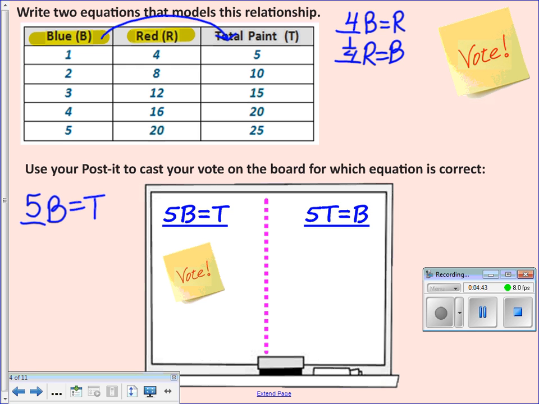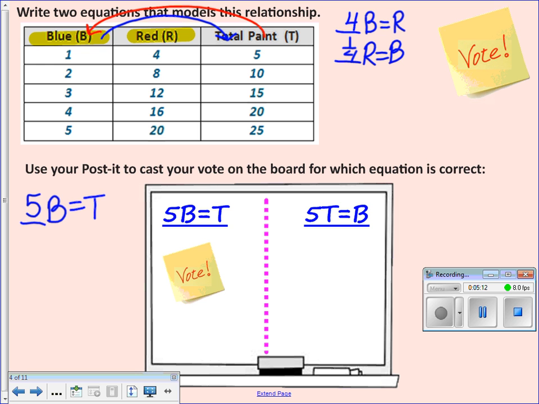What would I have to do to this one to make it correct? What am I doing to the total to get to blue? For my total to blue, what am I doing? I have to go from 5 to 1, 10 to 2. What am I doing? By 5. Dividing by 5. What way do we write dividing by 5? 1/5. Multiply by 1/5. So you have to change that to 1/5.